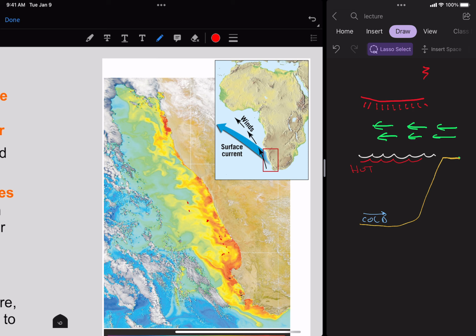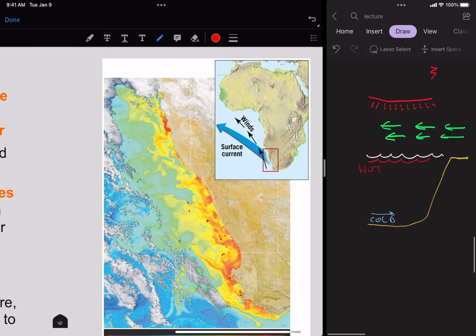So this is kind of hard to draw. Let me see if this will work here. So it'll grab onto the warm water and push it towards the left here. So the prevailing wind is going to push the warm water away from the shore. But at the same time, water level has to stay constant, so whatever water leaves has to get replaced.